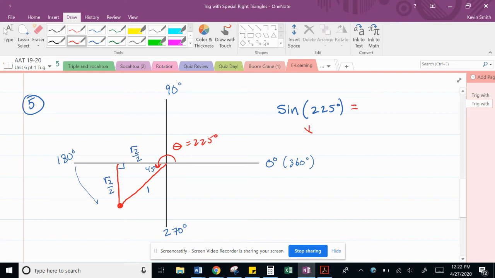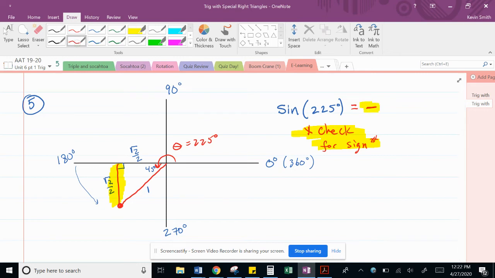First thing we should check for the sine. Is sine going to be positive or negative in the third quadrant? Well, sine is going to be using the negative y-axis. So that means it will be a negative value.